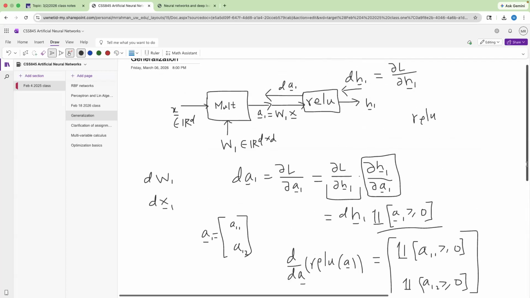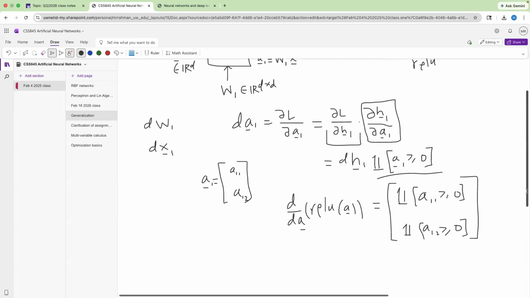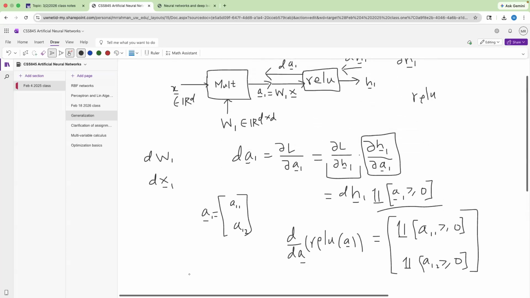And now we need to compute dW1, right? So how do we write dW1? dW1 is dL by dW1, right?